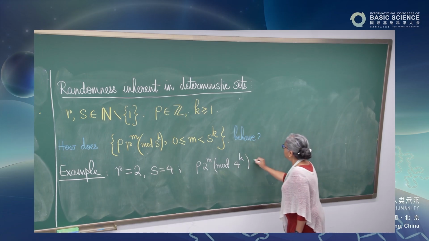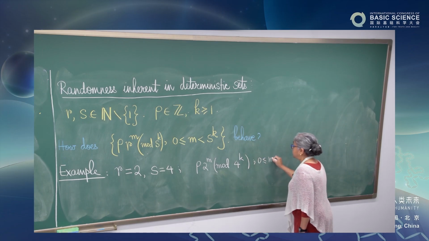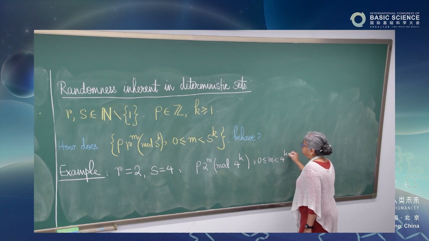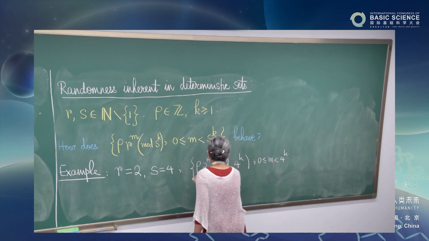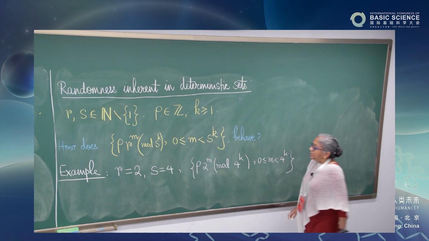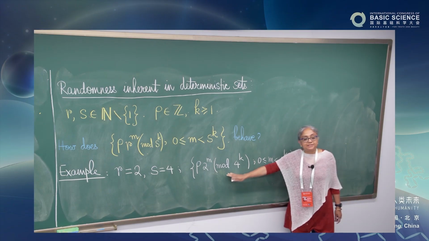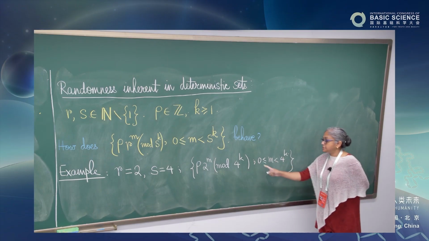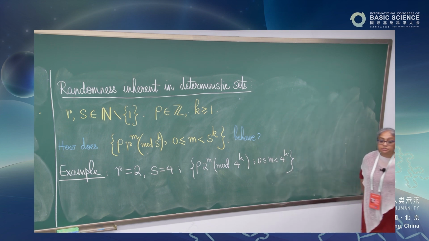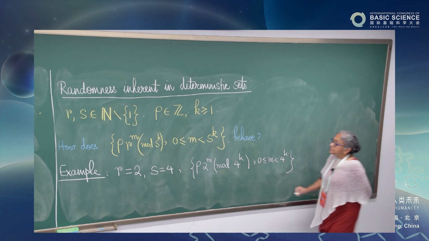And we are going to look at, say, 0 ≤ m < 4 to the k. Now, any thoughts? How do these residues behave as m starts marching from 0 and goes all the way to 4 to the k? How do you see these numbers changing?